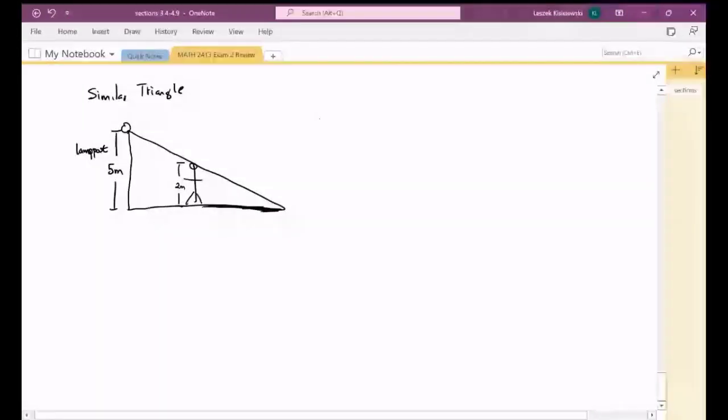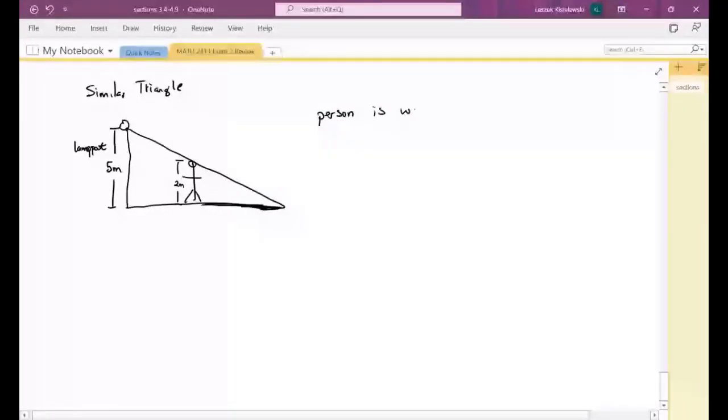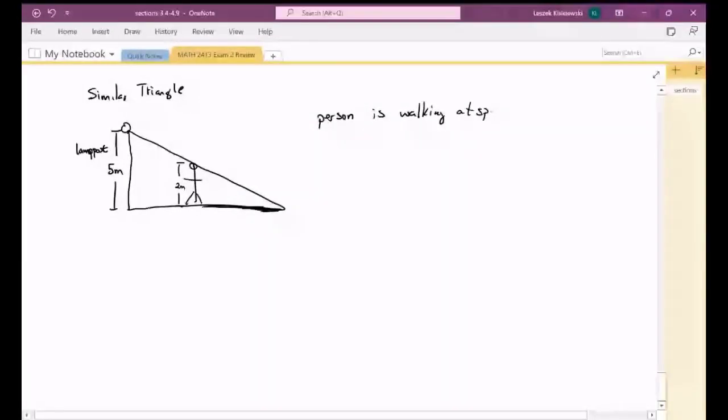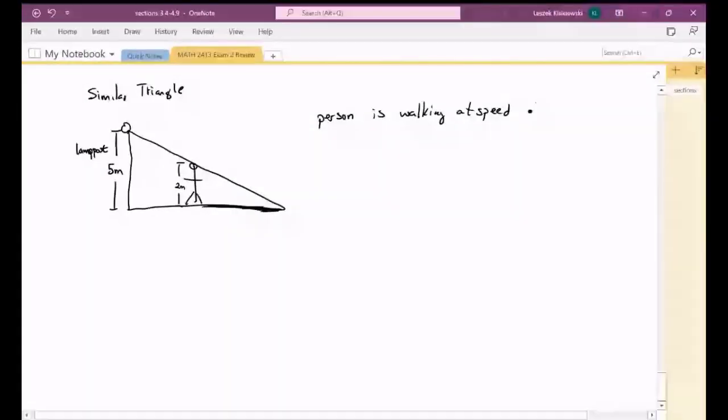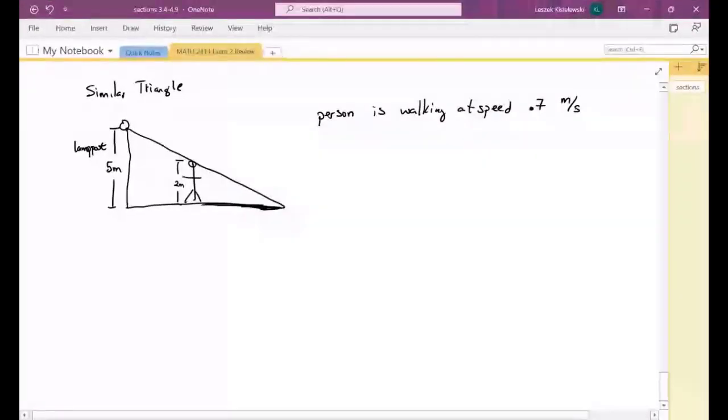And you're told that the person is walking at a speed, let's say 0.7 meters per second. That sounds reasonable, doesn't it? And what kind of questions could they ask you?